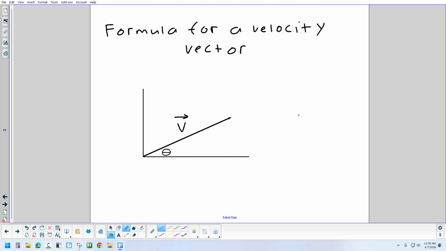Okay, when we write a vector, we write it like this. What does the number in this box represent? X, which is the horizontal component. Yep. And what about the number in this box? The vertical component. So we've got to break down this vector into a horizontal and a vertical component. And what shape do you think we're going to create to make that happen?